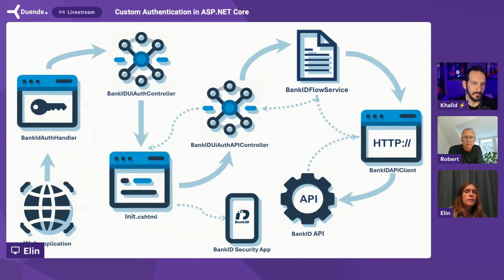And that could be things like start your security application, scan the QR code, and it gives the user information about what to do in the next step. If we are using QR codes, our view will also start polling another endpoint inside our API controller to get a refreshed QR code every other second.